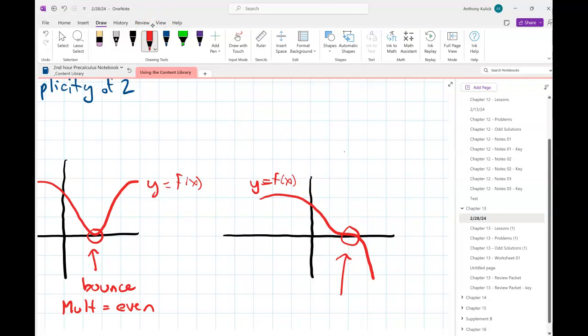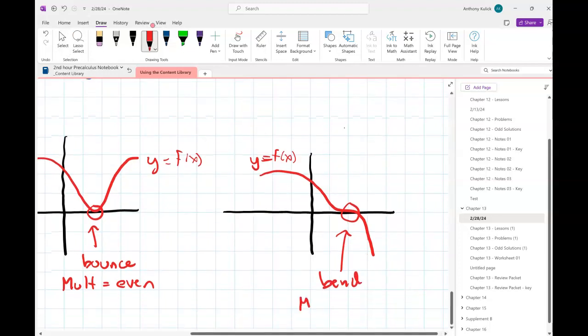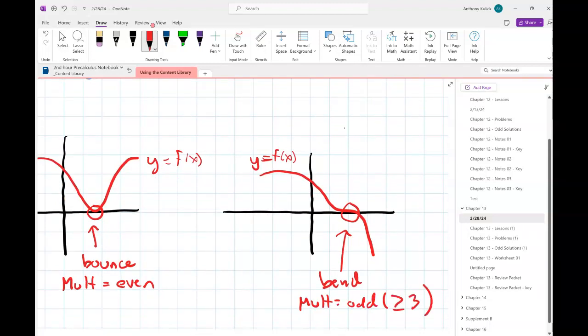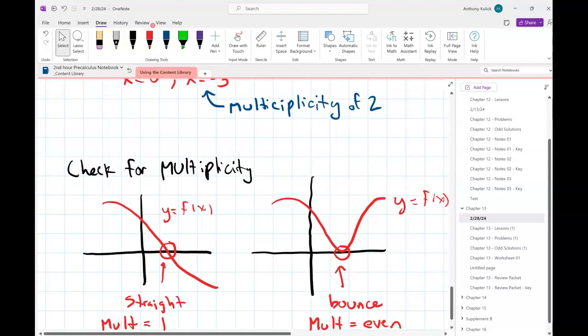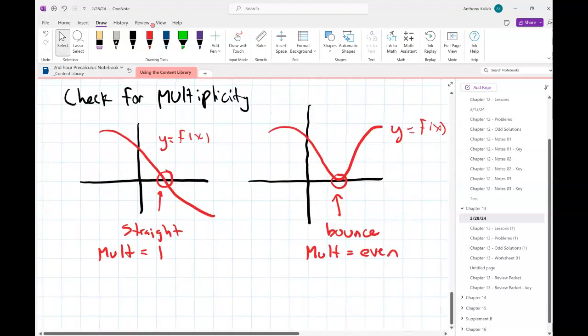This type of 0 where it changes concavity, we're going to call a bend. And this implies our multiplicity is odd, greater than or equal to 3. So it could be used 3 times, or 5 times, or 7 times. Why doesn't it start at 1? Well, because we already covered the 1 situation with the straight.